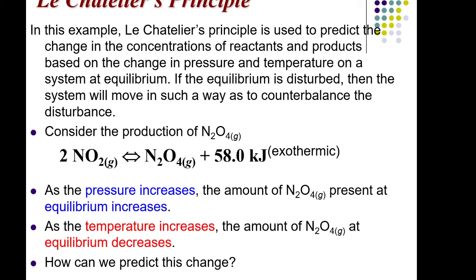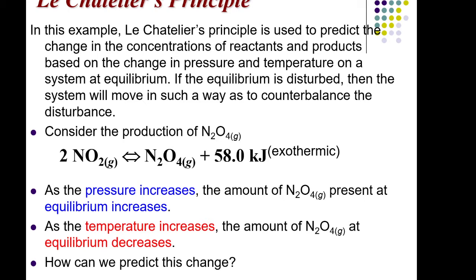So we're going to look at different stresses we can put on a system at equilibrium. Here's the example they give you. They tell you that 2NO2 gas is at equilibrium with N2O4 gas, and the way they have the reaction written is that it's an exothermic reaction.